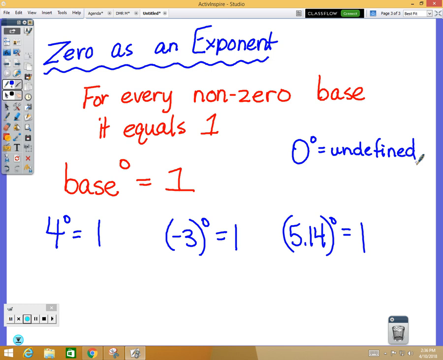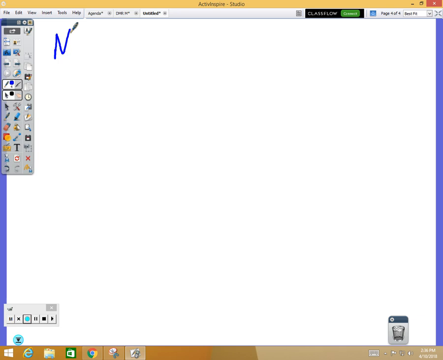Okay, the next thing that we're going to talk about is what happens if you have a negative exponent. We kind of saw a pattern there on the last slide when that 2 had a negative exponent. So we're going to actually give it a rule now.